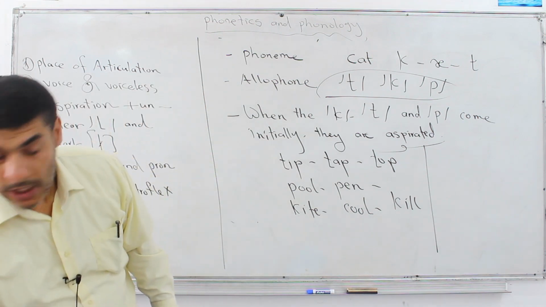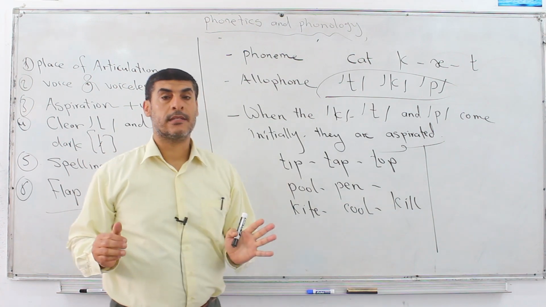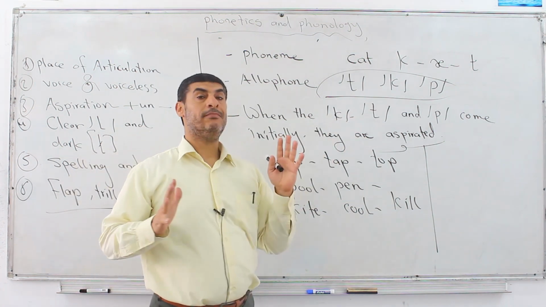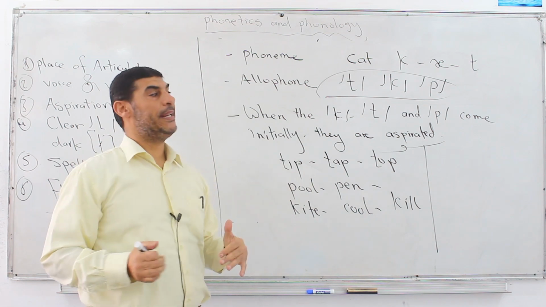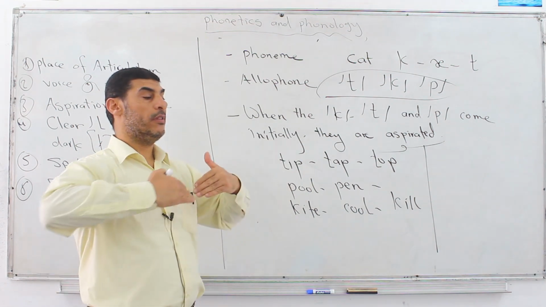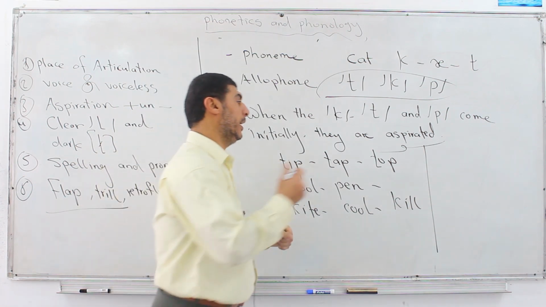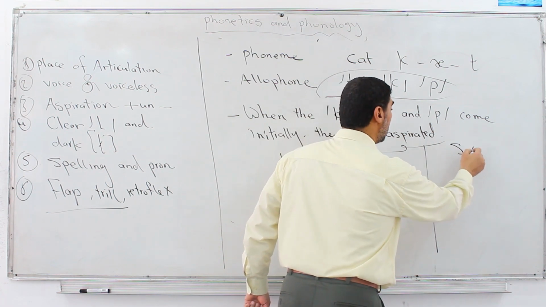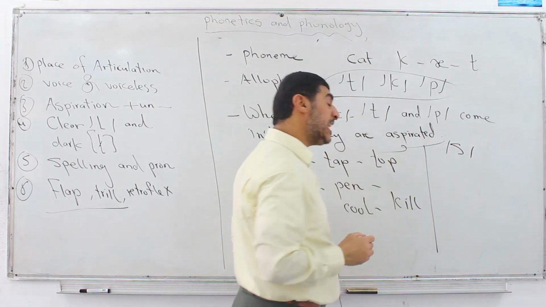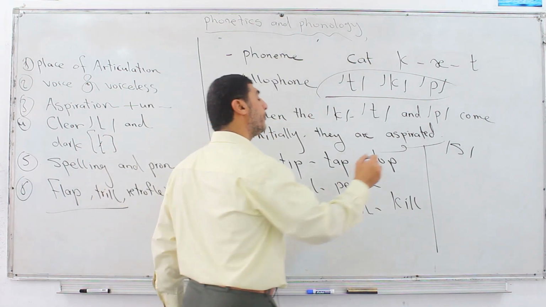On the other hand, if these three voiceless consonants come after the voiceless s, they become unaspirated, so there is no strong puff of air. This is a very important feature that you should take into consideration.